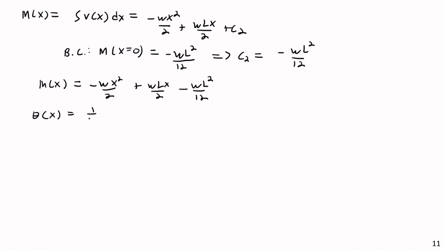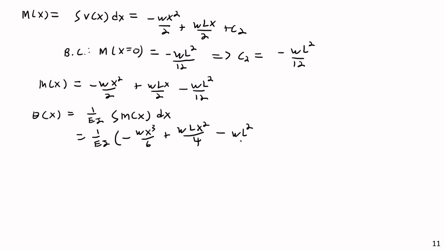This is equal to 1 over EI times the integral of M as a function of x dx, and working through that integral, that's going to be 1 over EI times negative Wx to the third divided by 6 plus WLx squared over 4, and then minus WL squared over 12 times x, plus a constant C3.